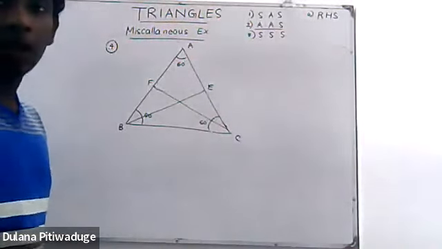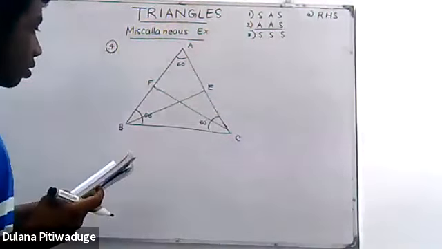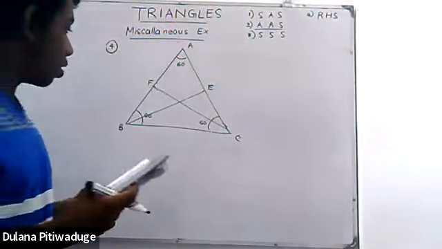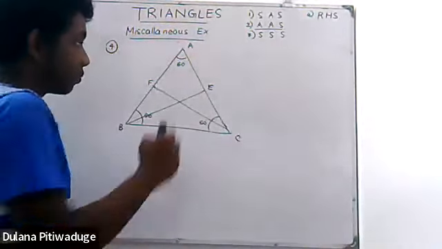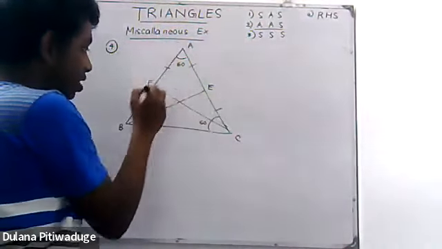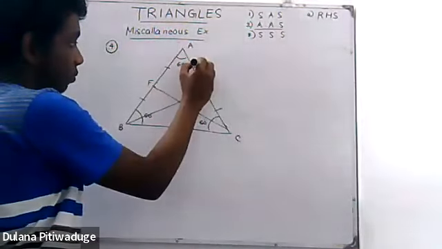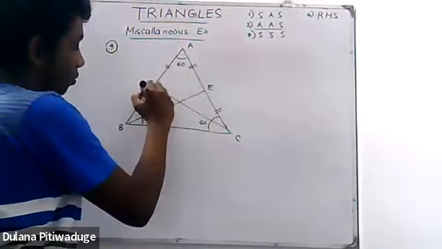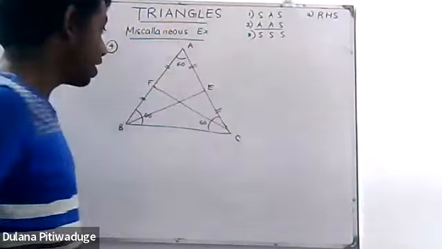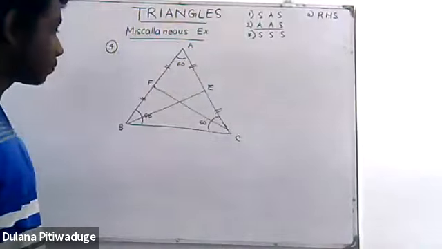In an equilateral triangle, all three angles are 60 degrees. Now as it's an equilateral triangle, the side AB is equal to the side AC, and these are midpoints, so all four of these sides are equal.